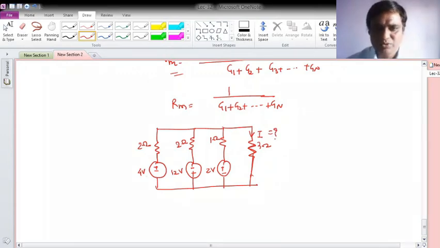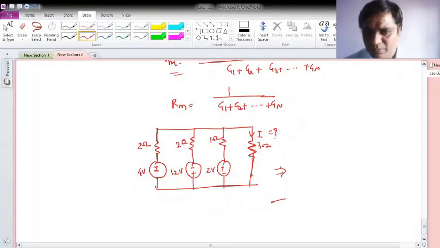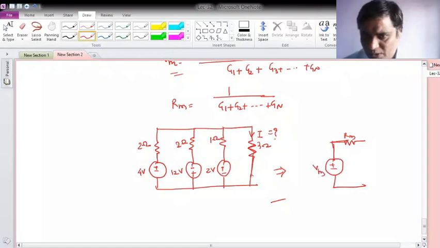So what I observe is that these are voltage sources in series with resistances, and according to Millman's theorem, this is simply replaced by a single equivalent, which is Rm in series with Vm. What I have to obtain is the current through the 3 ohm.